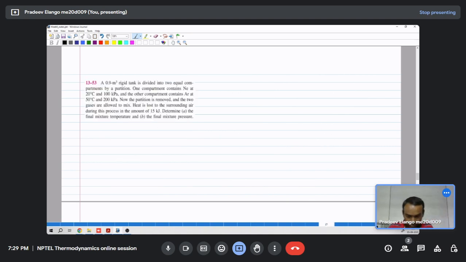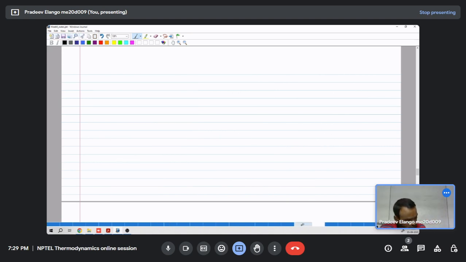Now we have to calculate the pressure of the mixture. So P_mix V_mix equals the number of moles of the mixture into R of the mixture into T of the mixture.